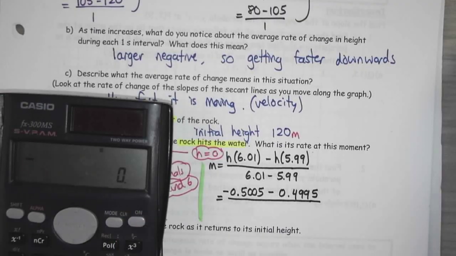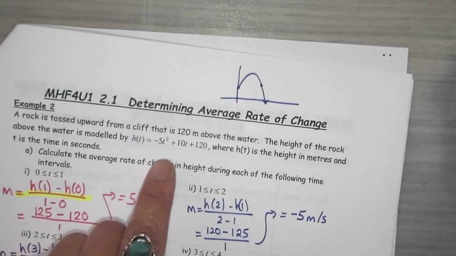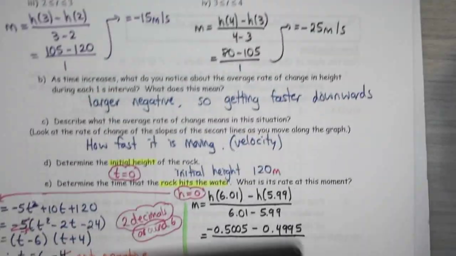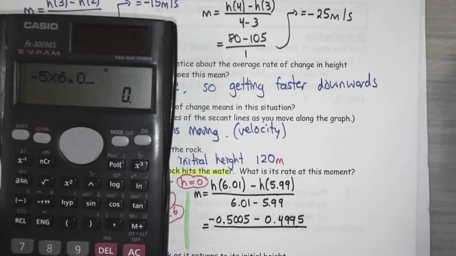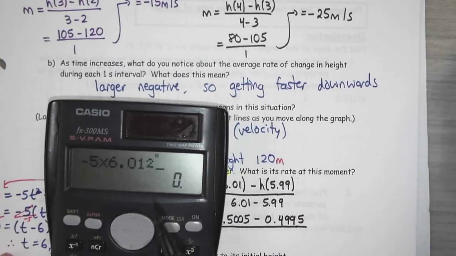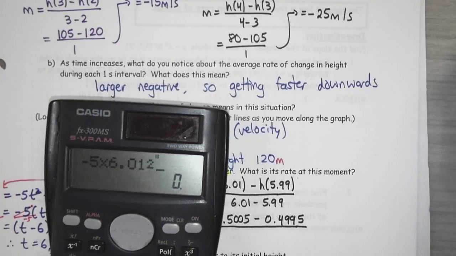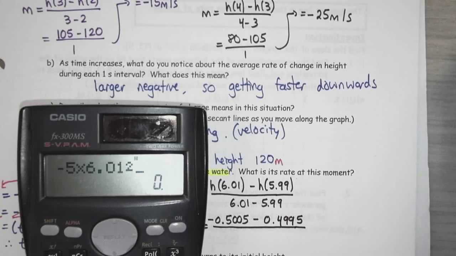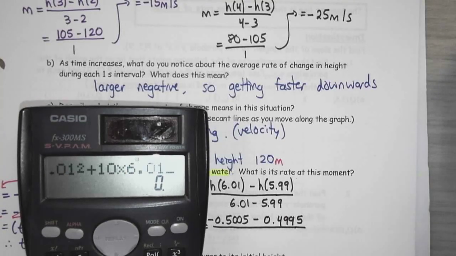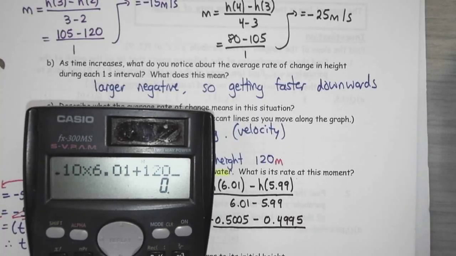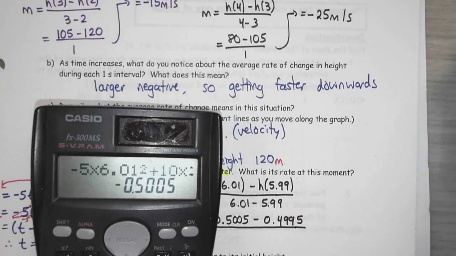So we're doing this equation here, right? That equation there. So -5 times 6.01 squared. A lot of the calculators, you can do it in one step. So 6.01 squared, and then plus 10 times 6.01 plus 120. See, I punch it all in one line and press equals, and I get that.